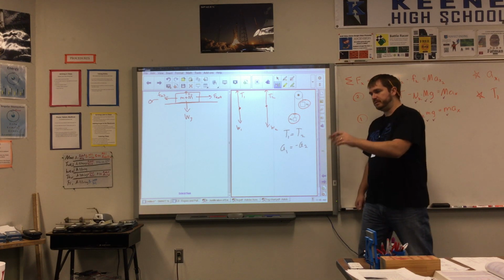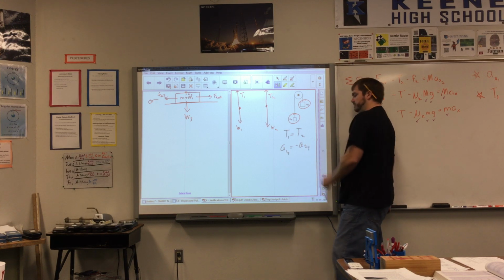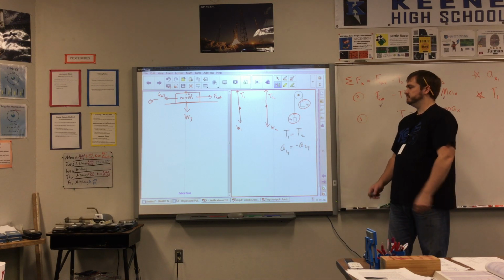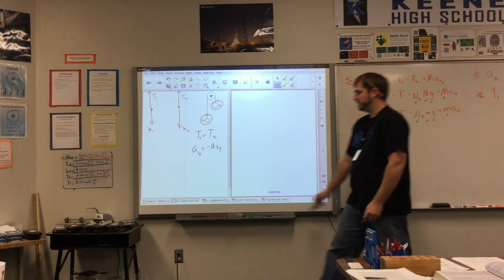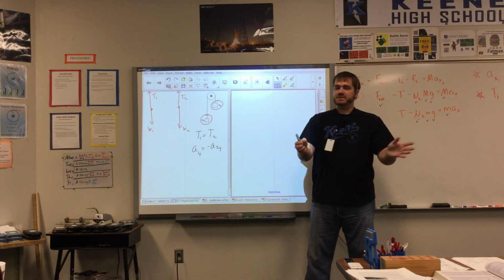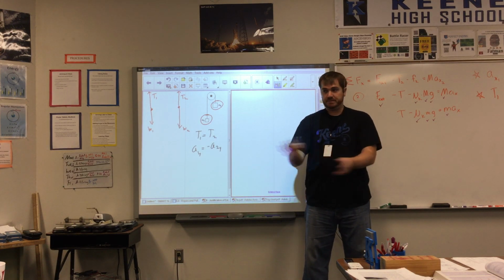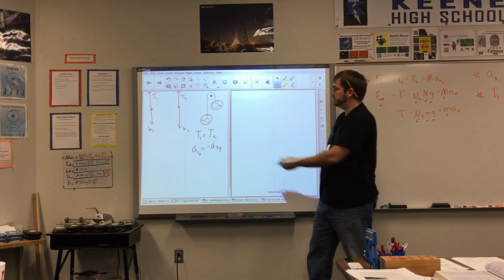If we wanted to be extremely technical, we would say object 1 in the y direction, object 2 in the y direction. Are y'all okay? I'm not going to write Newton's second law in the x direction since there's absolutely no x motion at all. Just going to be concerned with the y direction.